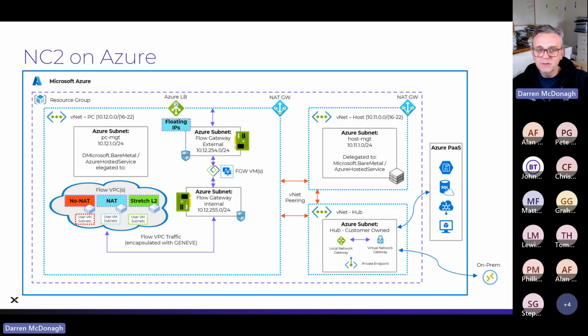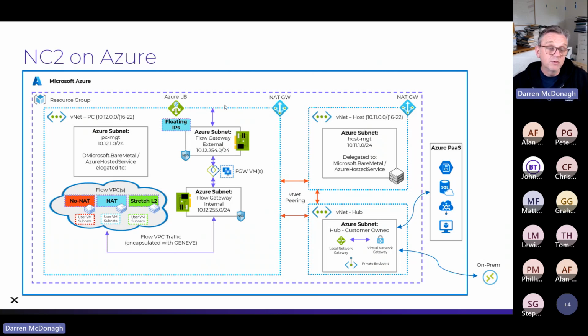That's the real high level. We can then peer to your hub VNet and get access back to on-prem, and to things like private endpoints. You can put private endpoints anywhere, but we can get access back to your on-prem environment, or your internet breakout, by configuring our networking to communicate with that.